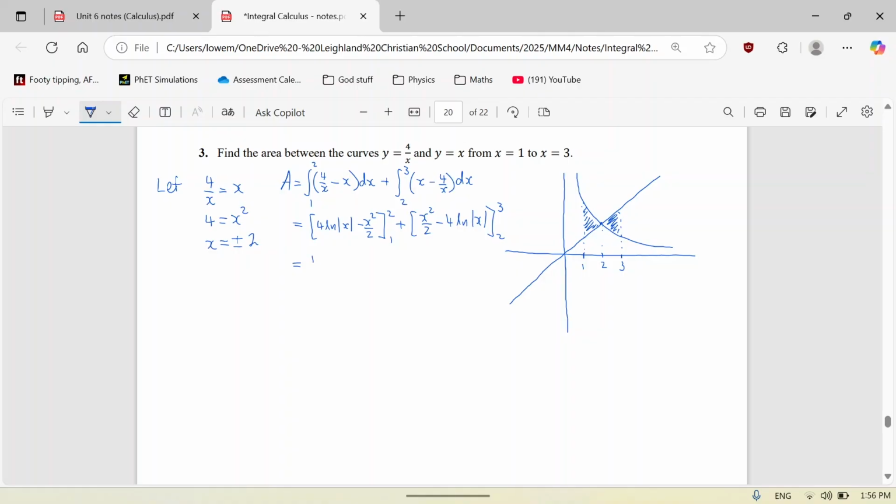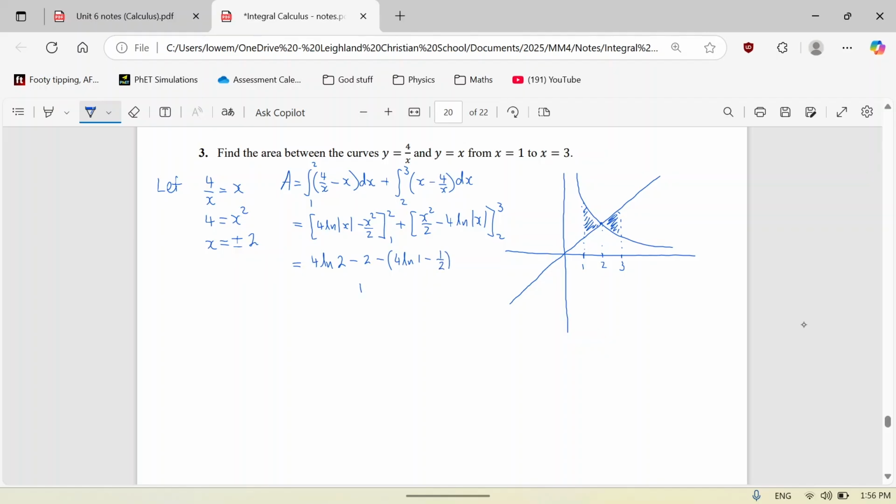Substituting now, we'll have 4 times the natural log of 2 minus 2 squared is 4 over 2 is 2, minus, put in brackets, substitute the 1, 4 log 1 minus, and 1 becomes 1/2.